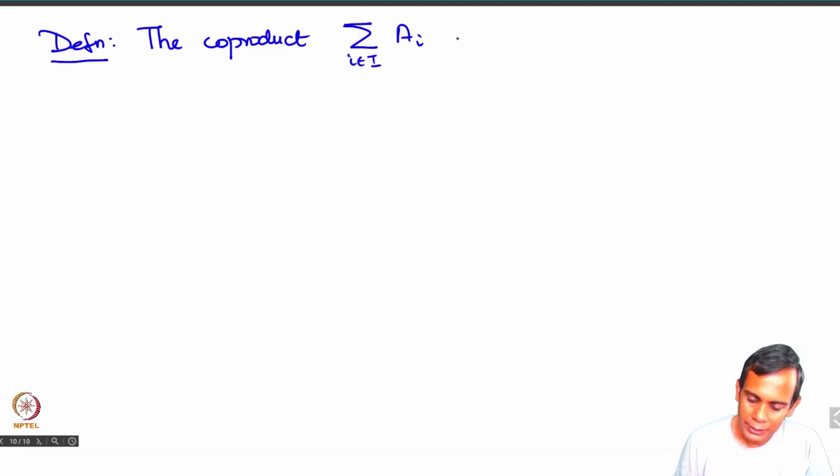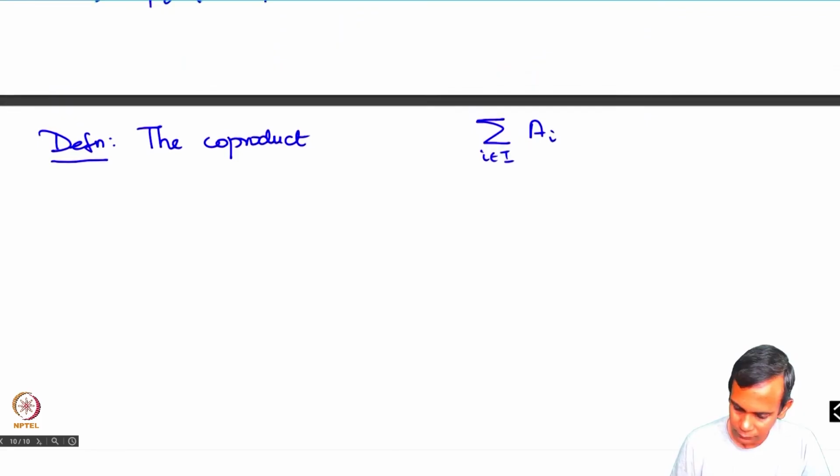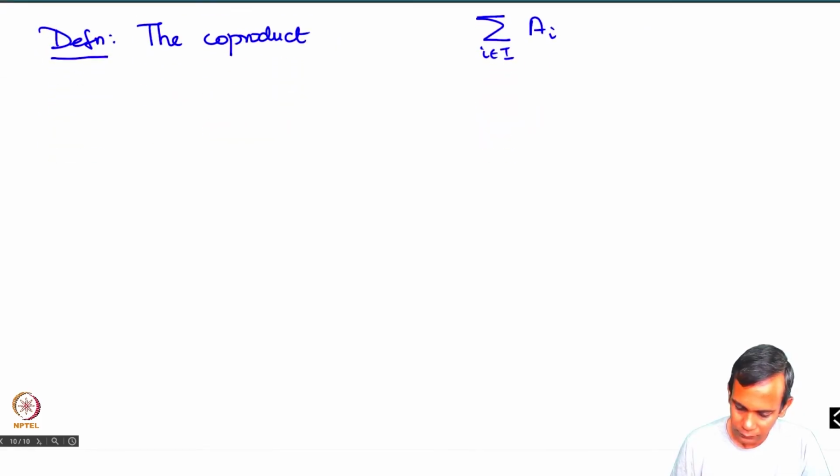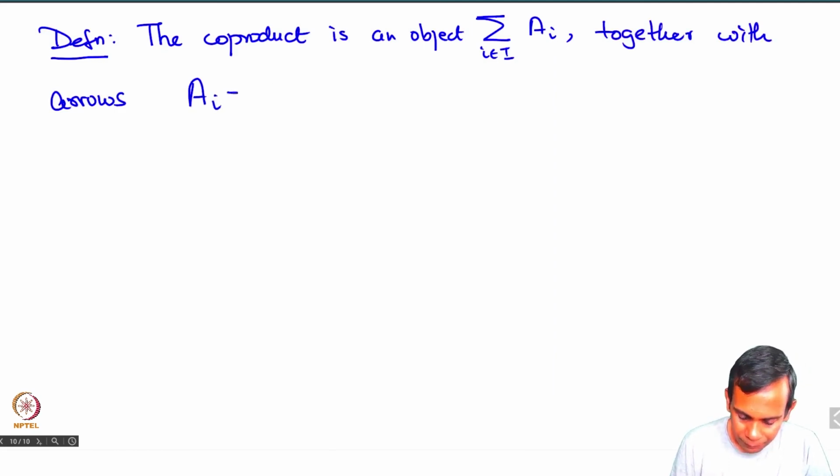So maybe I should say it is an object together with arrows j_i from each A_i.